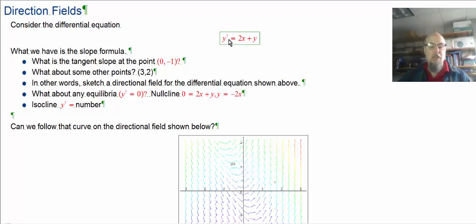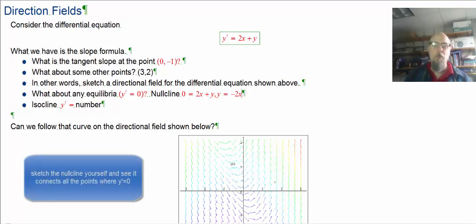So that's the curve along here, everywhere on this curve the tangent slope is equal to 0. That's a nullcline. Cline for slope, null for 0. It's the curve in the direction field that connects all the places where the slope is equal to 0.